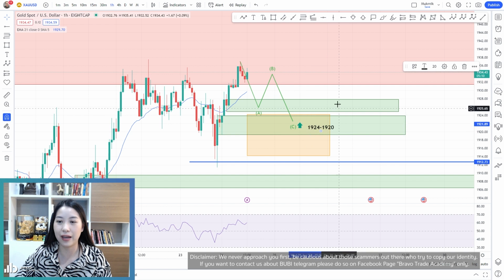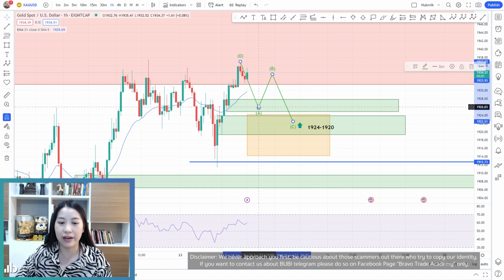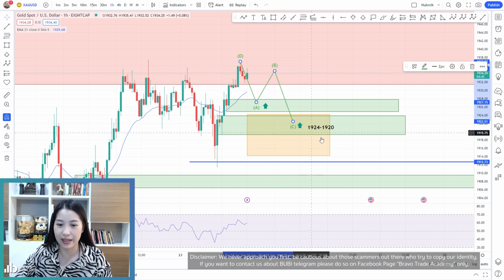So if we get the chance to buy here, the price could shoot back up and make a new high, okay? However, if you are going for a buy here, it will have some price action, but I would say there's no guarantee that this point will make a higher high, okay? It might make a lower high to test this demand zone.